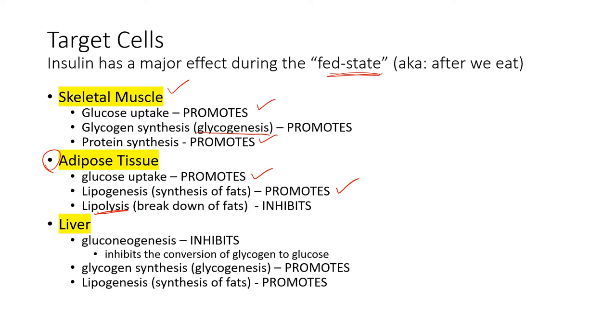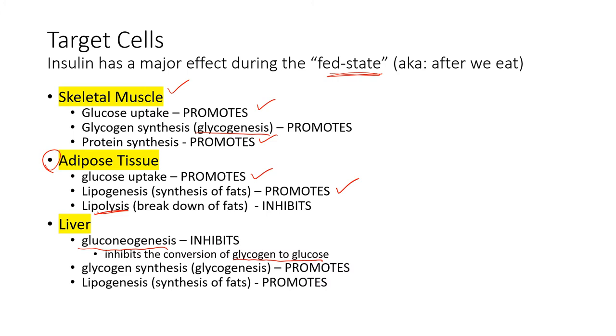Now, the liver, what is it doing? Again, we really have to tell the liver what to do because the liver has the building blocks to do just about whatever it wants. So we're going to inhibit gluconeogenesis. Now, this is what I've kind of been leading up to. Gluconeogenesis is the conversion of glycogen to glucose.